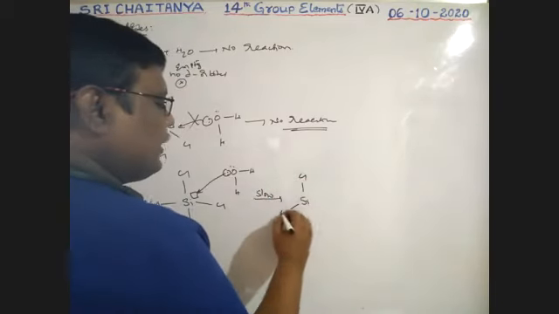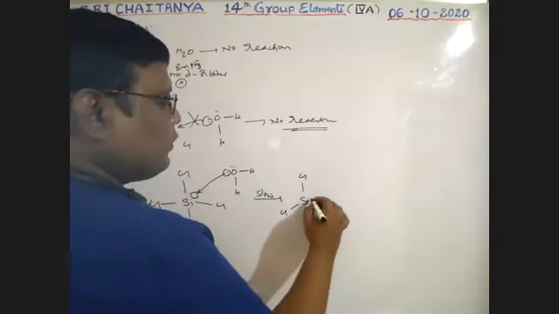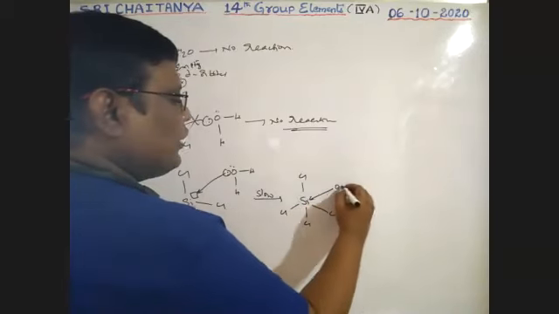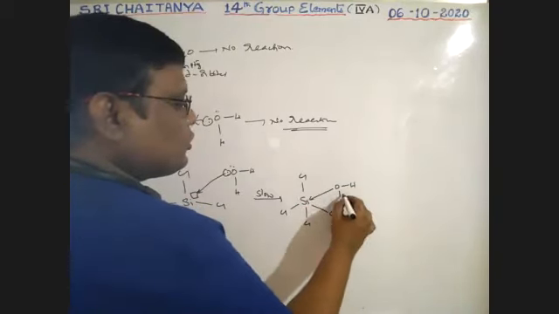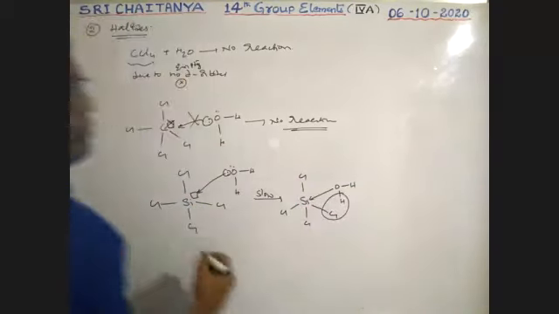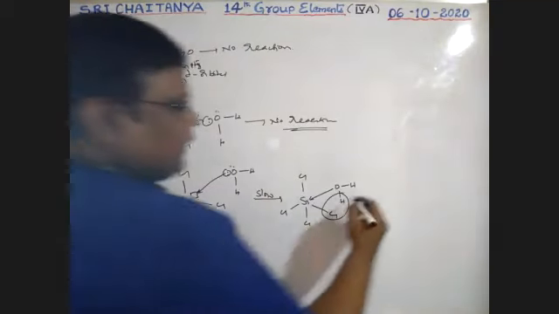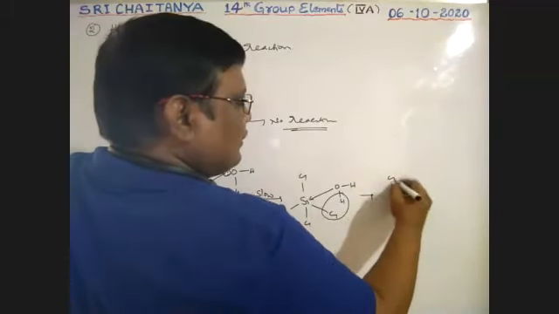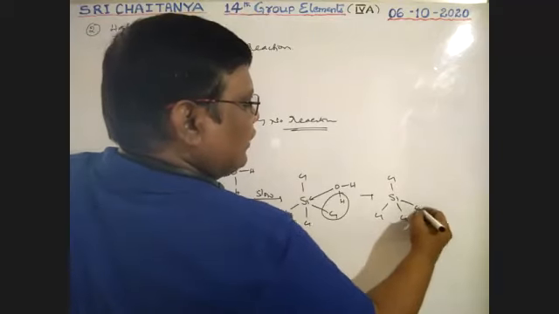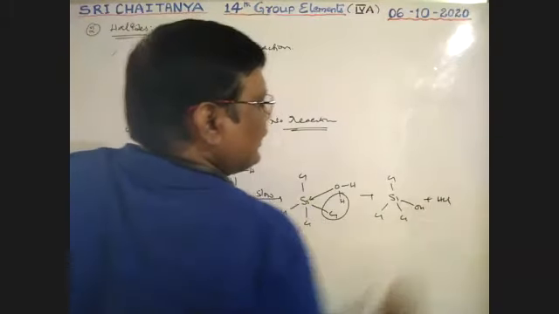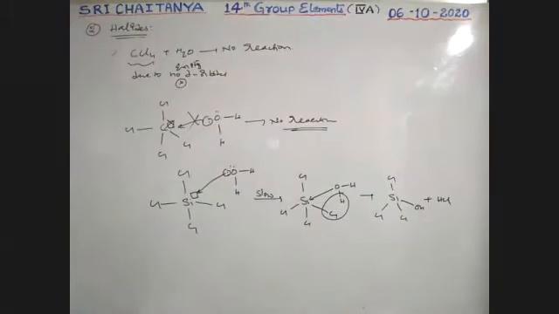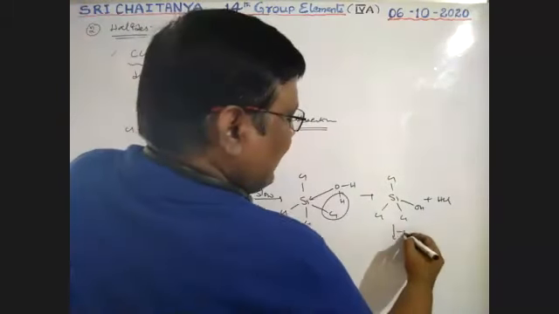Silicon with four chlorines reacts with H2O, and slowly chlorine is removed, giving SiCl3OH plus HCl. That is possible, boys. Like this, minus HCl.